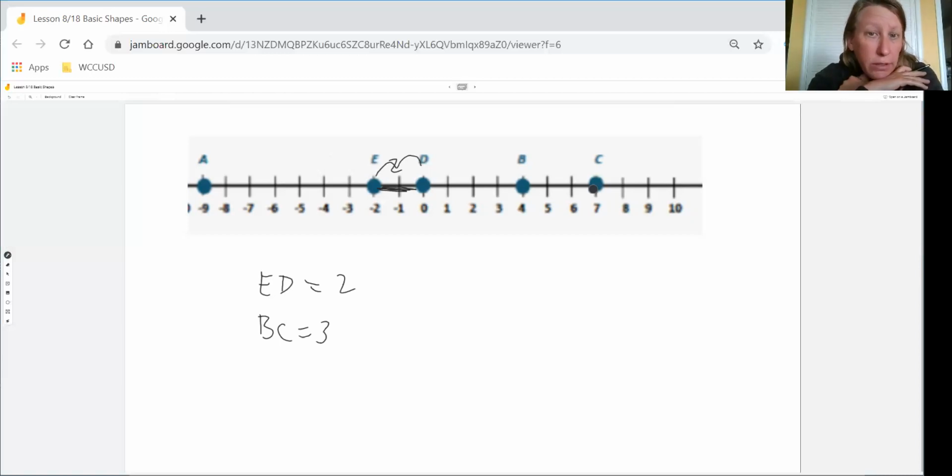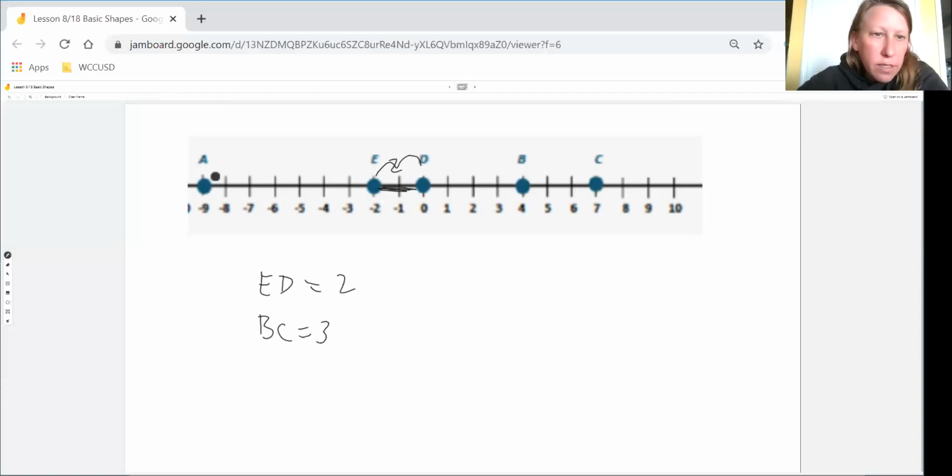Are there any line segments up here that are the same length? Two, three, four. DB or BD is 4. 4 minus 0 is 4, so that makes sense. DC, line segment DC has a length of 7.